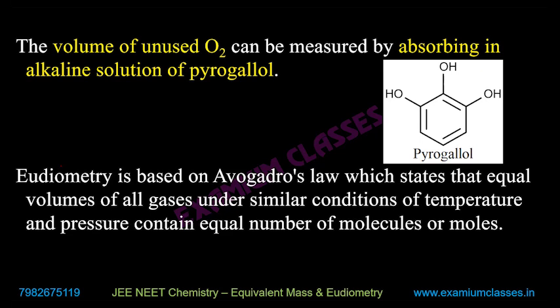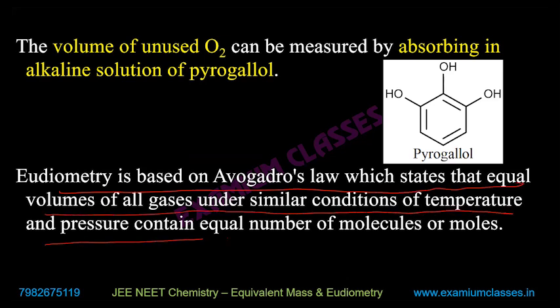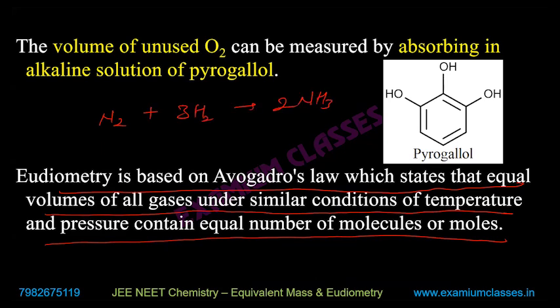Now, just for your knowledge, eudiometry is based on Avogadro's law, which states that equal volumes of all gases under similar conditions of temperature and pressure contain an equal number of molecules or moles. So, for example, the classic example N2 plus 3H2 gives you 2NH3. In terms of volume, we say 1 volume of N2 reacts with 3 volumes of hydrogen and gives you 2 volumes of ammonia.